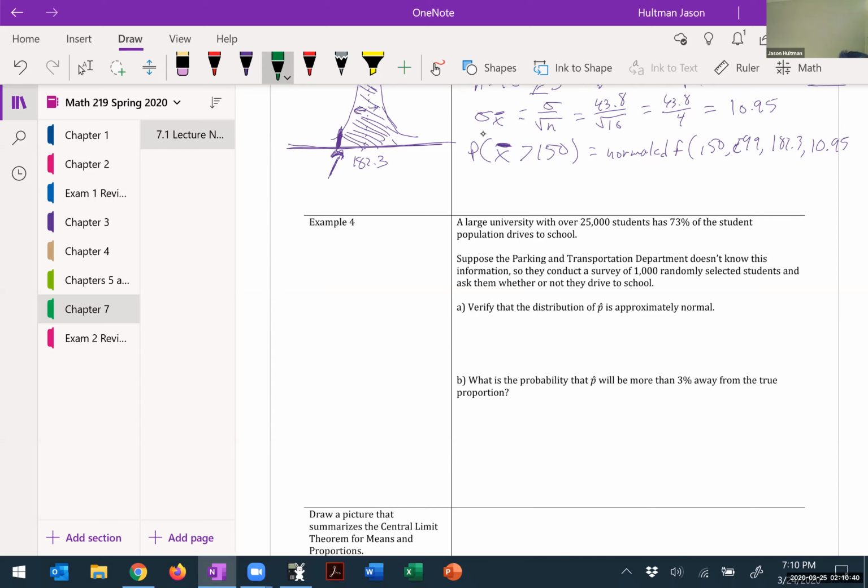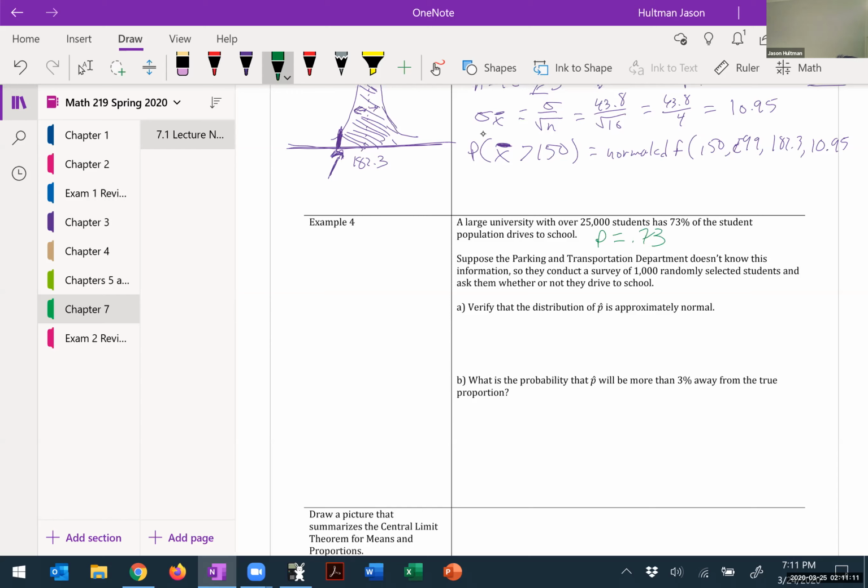So that would be P equals 0.73. And the 25,000 students is not n. This is the entire student population, large N, not little n.